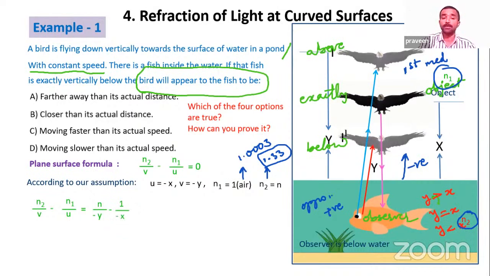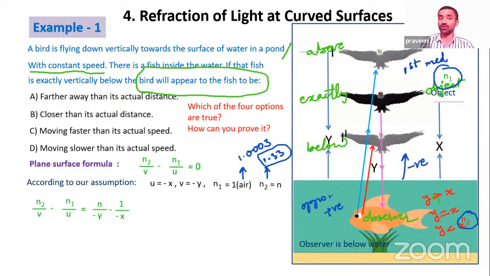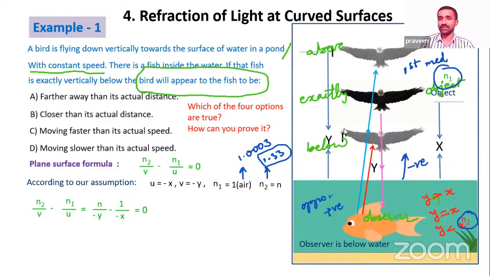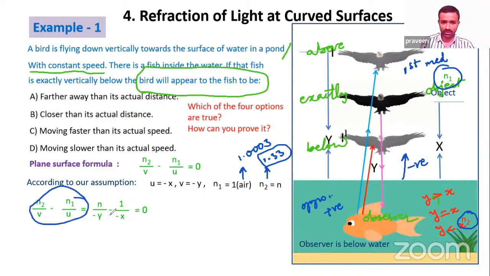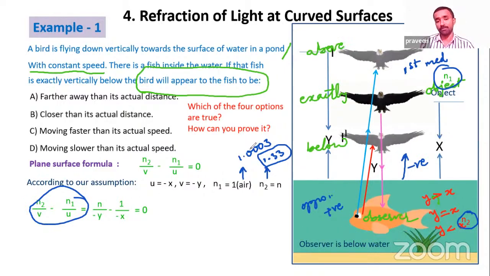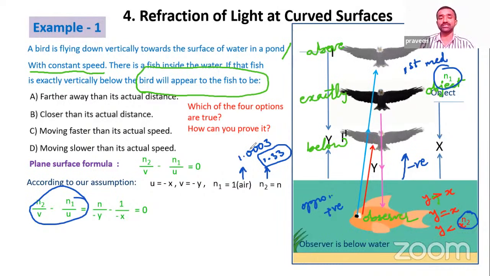Then simplifying, the right side is already 0, so forget about that portion. What remains is n by minus y minus 1 by minus x equal to 0.